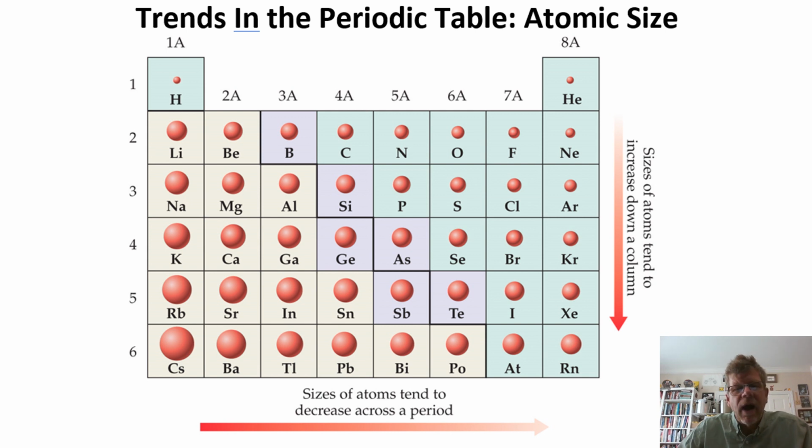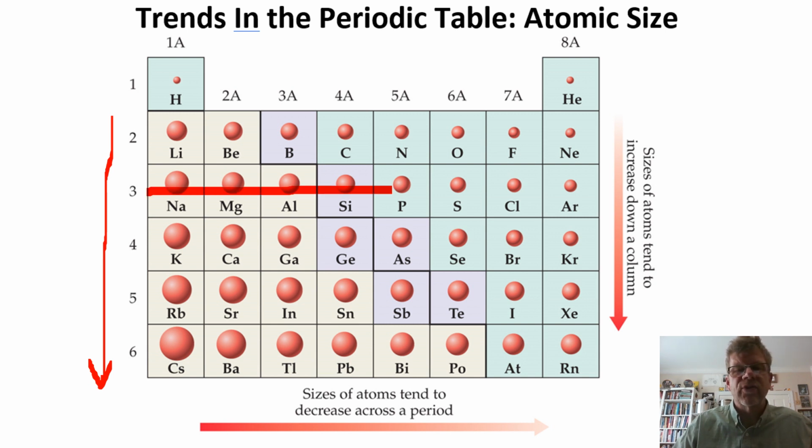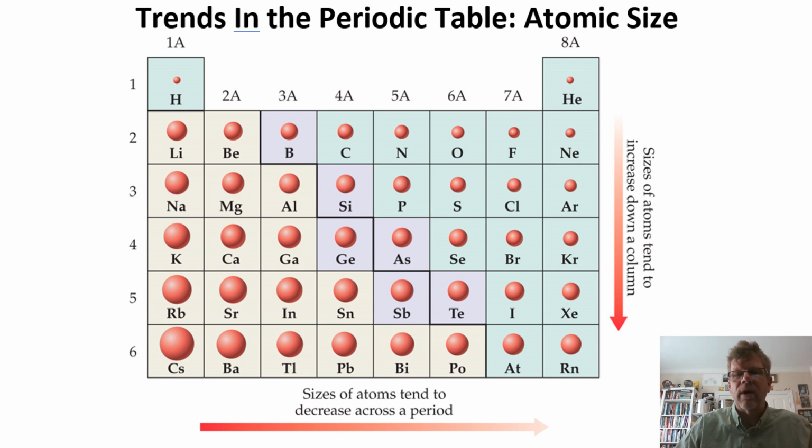In any event, it really shows itself, this difference in atomic size, as we go down a column in a periodic table. Clearly those atomic sizes increase. As we go across a row in the periodic table, those sizes decrease. Now there's a couple of reasons for this, one of which is more obvious, and one perhaps not as obvious.